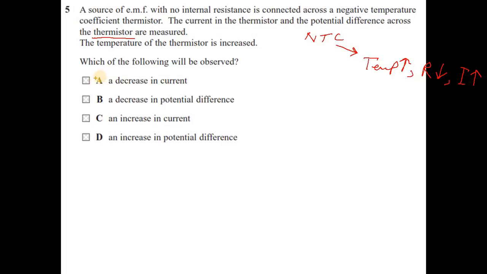So A cannot be our option. NTC doesn't affect the decrease in the potential difference, because they are not talking about any other components, so we cannot be sure about this. Yes, an increase in the current is quite evident in this case.